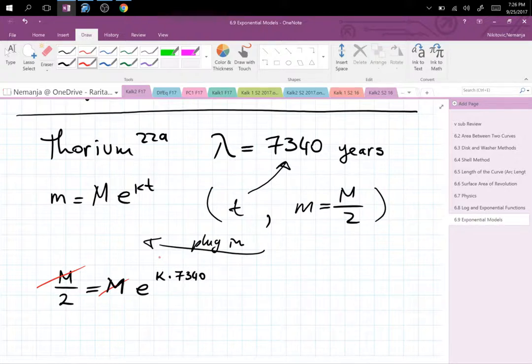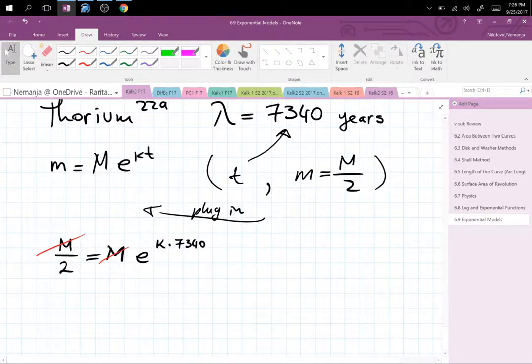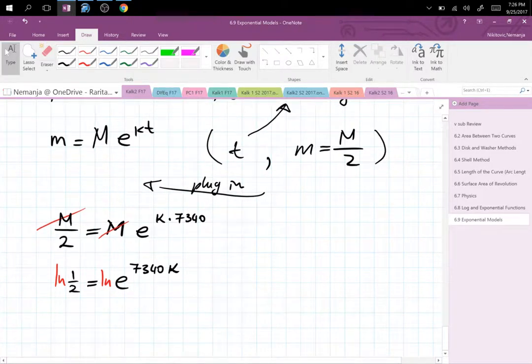It's a loss of half of it. Half of it will be gone, whatever you start with. So that gives us the equation 1/2 is equal to e to the 7,340k, and we hit both sides by ln to get to this k.